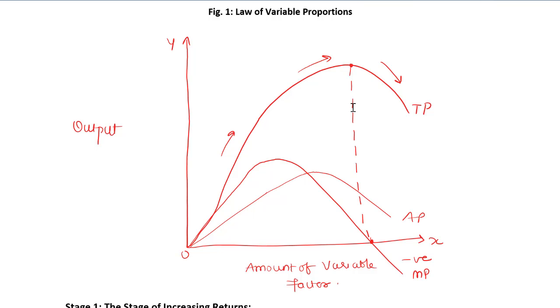That means marginal product cuts the average product from upward, not from below. So this could be treated as stage 2. This is stage 1. This is stage 2. And this is stage 3.